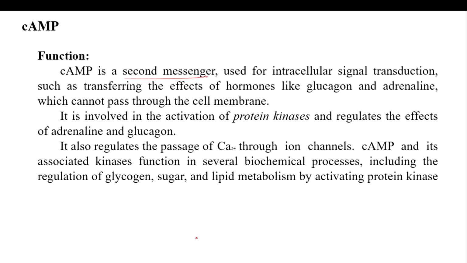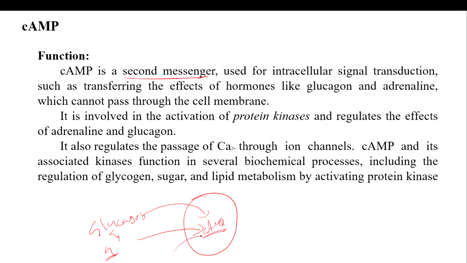Hormones like glucagon and adrenaline cannot pass through the cell, so they send secondary messages. These messengers send messages to the cell via cAMP. That is the role of secondary messengers. cAMP can easily go into the cell and pass the message to the cell.